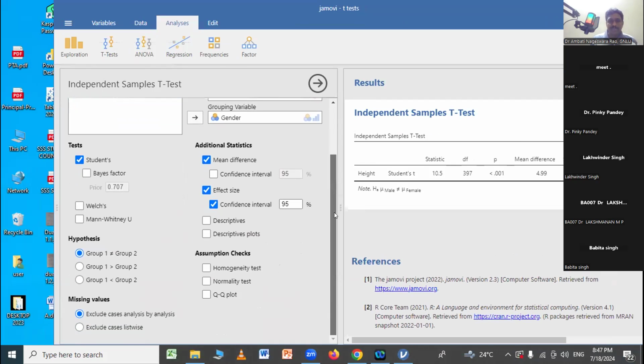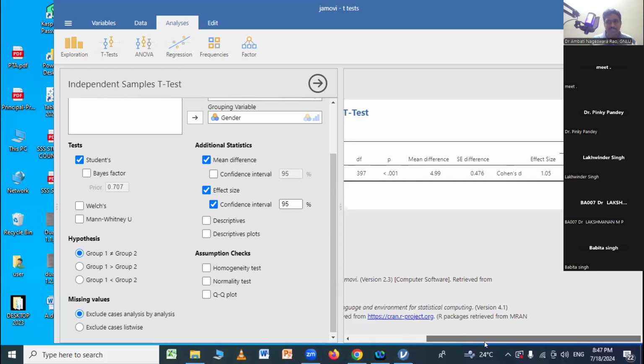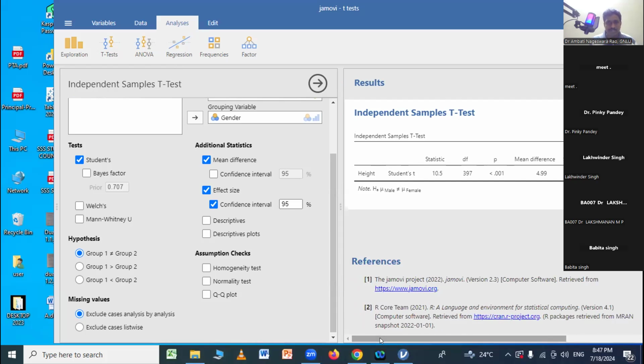It's not the effect size. Effect size you can also select, but the mean difference confidence interval you must talk about. Under additional statistics, below mean difference, we have the confidence interval, not the effect size confidence interval. If you want to talk further about the effect size confidence interval, that is up to you. But the mean difference confidence interval, you can see my cursor. Yes, please select it. The effect size confidence interval is your choice.